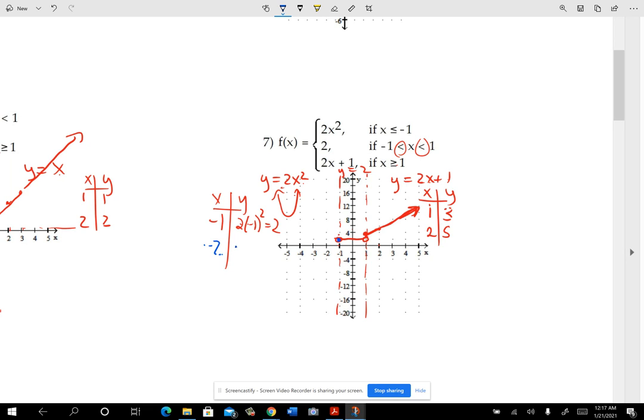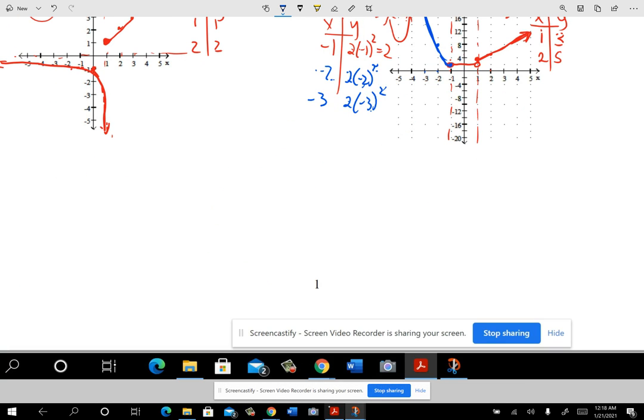So if I put in a -2 and square it, I would get +4 times 2. -2 is way up here at 8. And then -3 would be 9 times 2. -3 would be way up there at like 18. So it's a parabola, but you just have it rising pretty rapidly like that. And then all those 3 pieces go together to create your piecewise function.